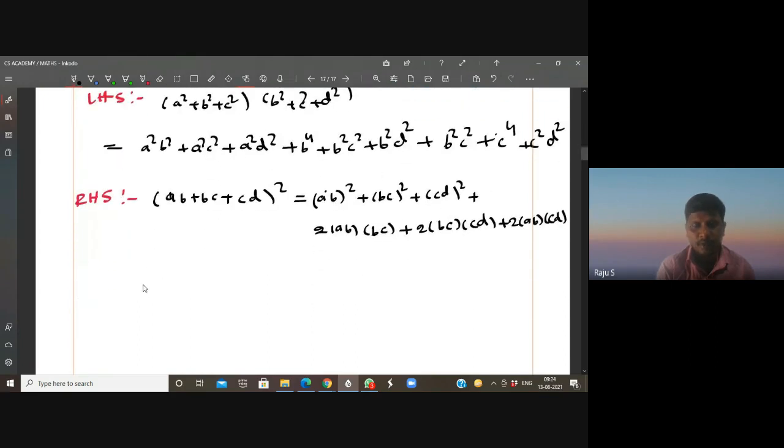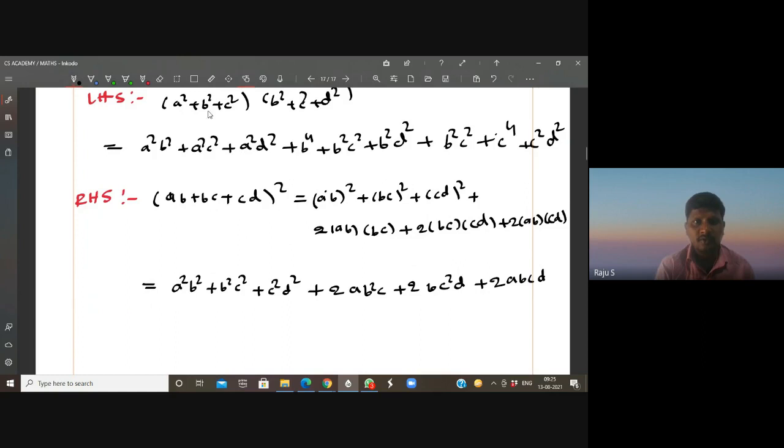So this is equal to A square B square plus B square C square plus C square D square plus 2AB square C plus 2BC square D plus 2ABCD. Right, students?